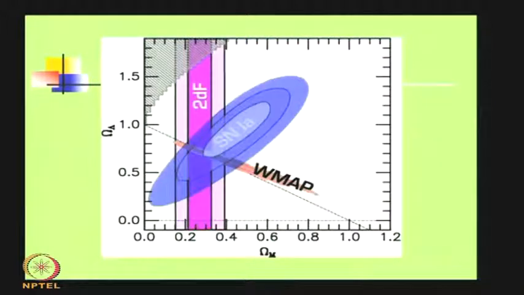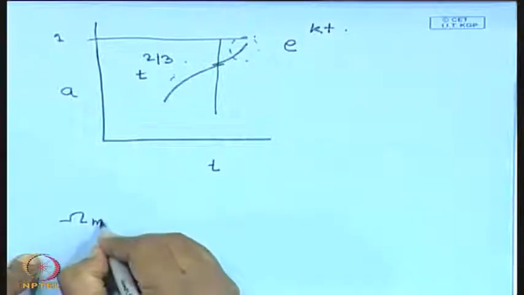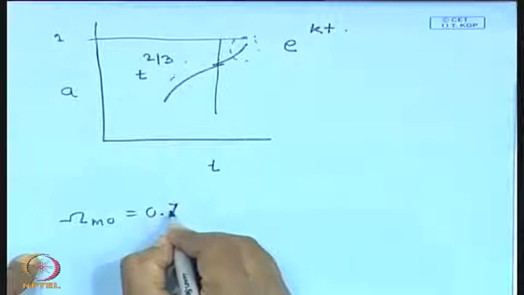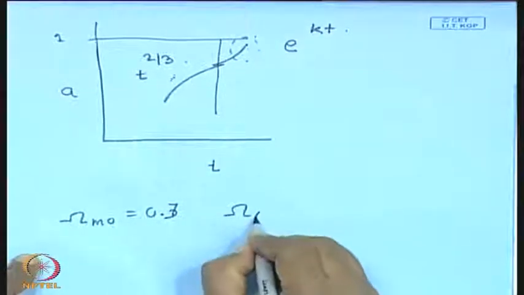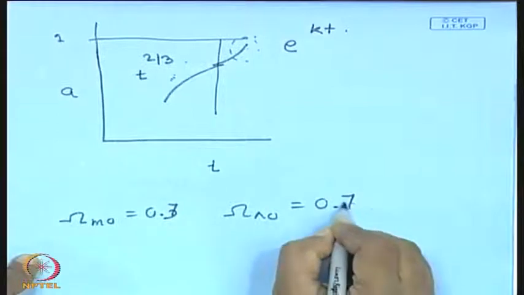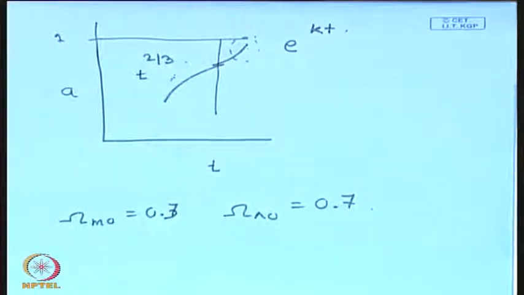If you put all of them together, you are led to the conclusion that the parameters for our universe lie somewhere in the overlap of all of these three. The model that we choose should be consistent with all three kinds of observations, so it has to lie somewhere over here, which is around omega matter 0.3 and omega lambda 0.7, which you see is where all of these three things overlap.